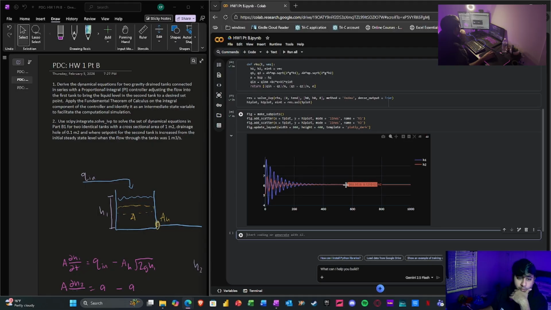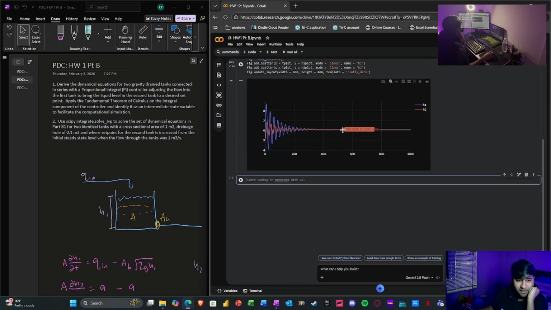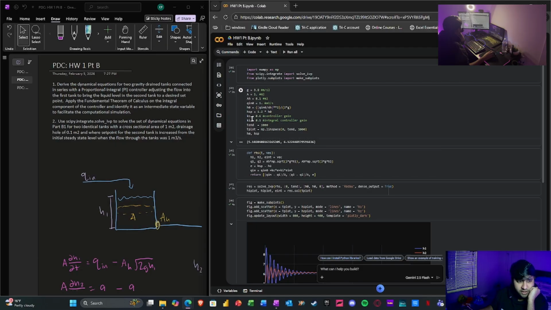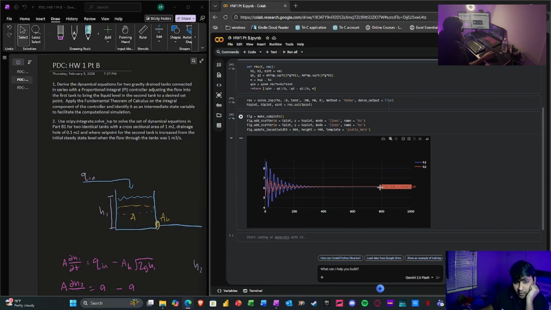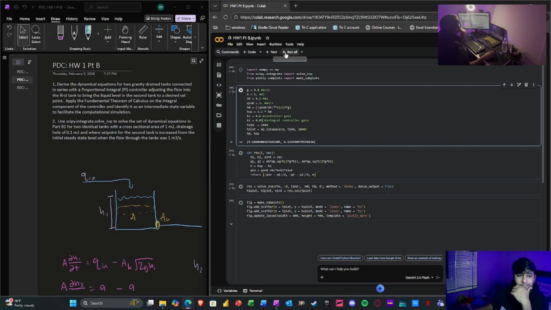Oh wow, okay. So we did reach the 6.12 with these values. I'm just going to keep in mind that with Kc at 0.6 and Ki at 0.1, we did manage to reach that 6.12 set point with less oscillation. But let's see what happens if we change Ki to like 0.05.